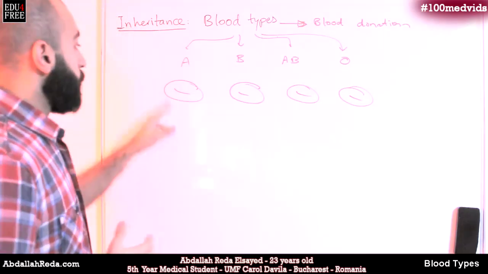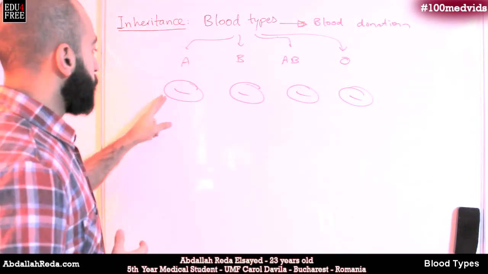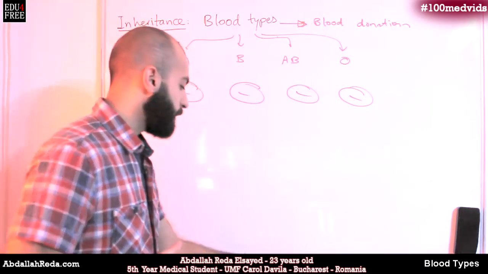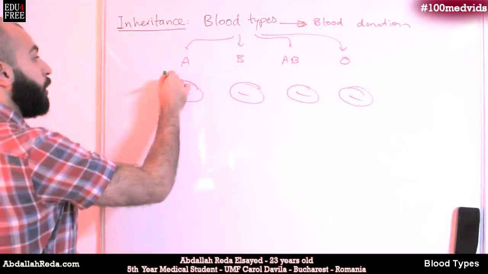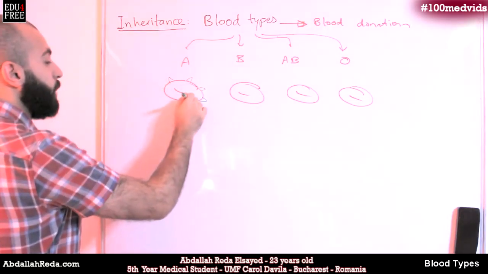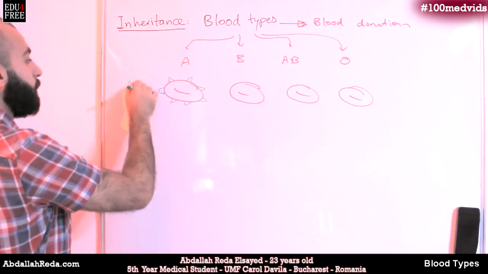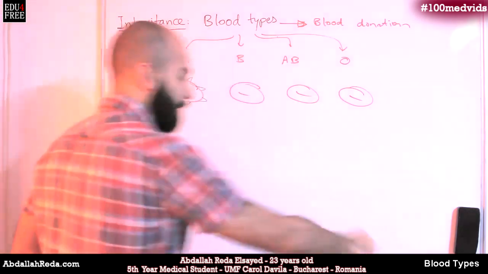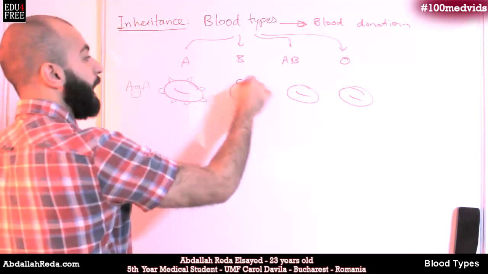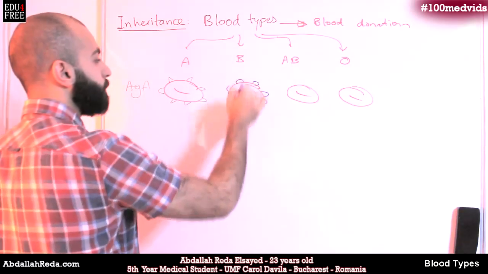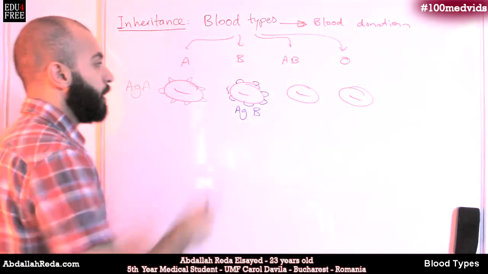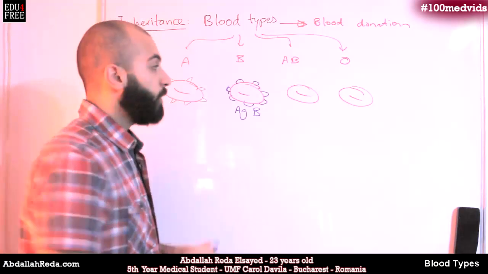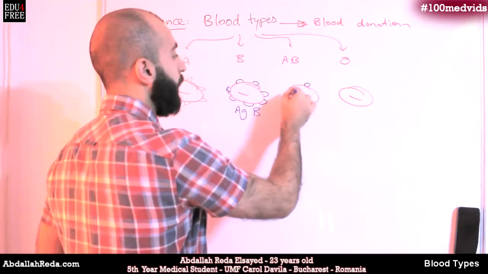So the antigens that are present on each of those red blood cells correspond to the name of the blood type. In blood type A, on the red blood cells, we have antigen A. In blood type B, we've got antigen B. In AB blood type, we've got both antigens.